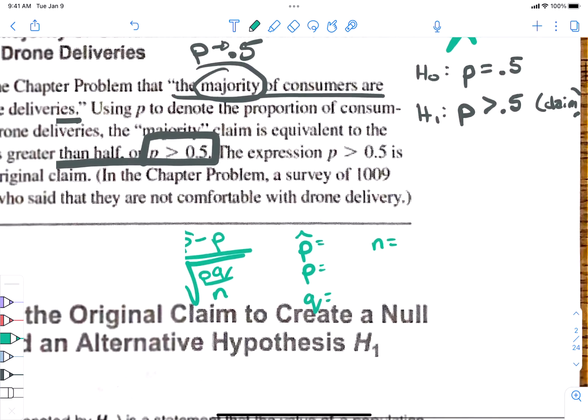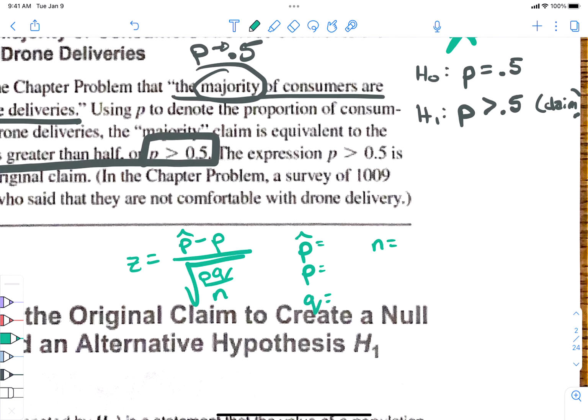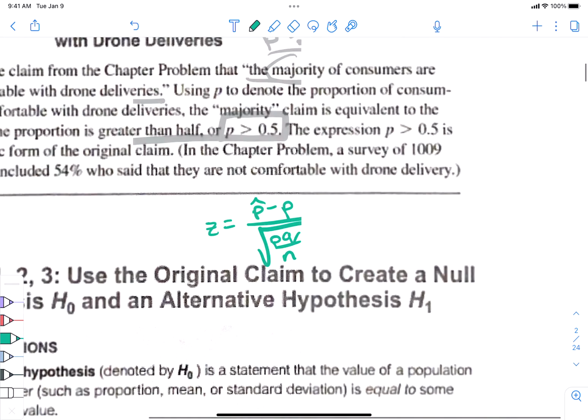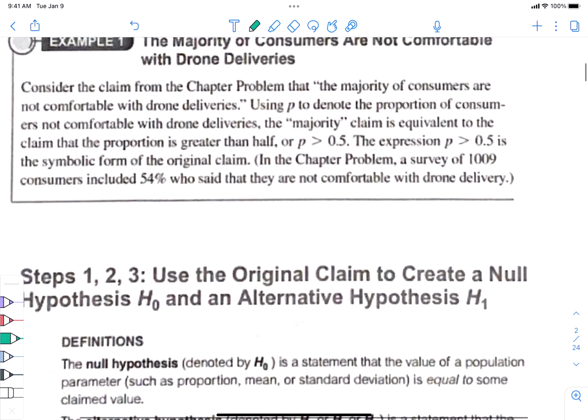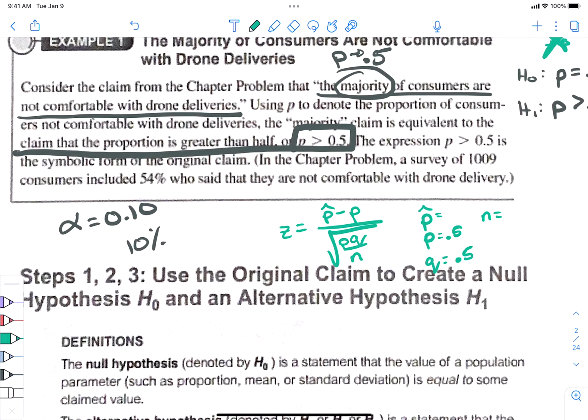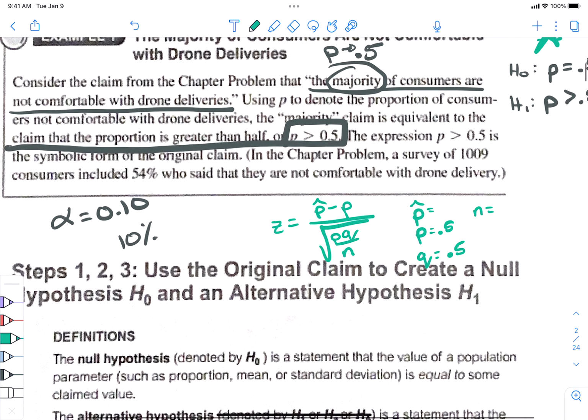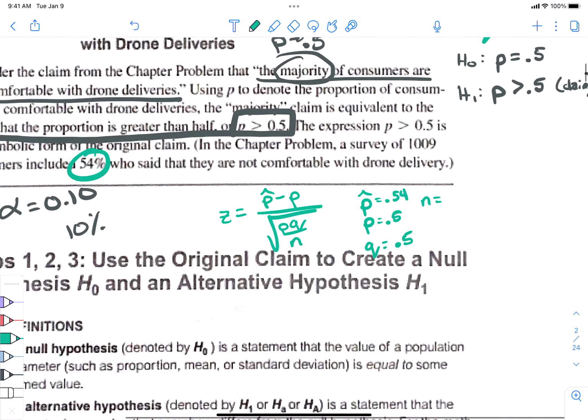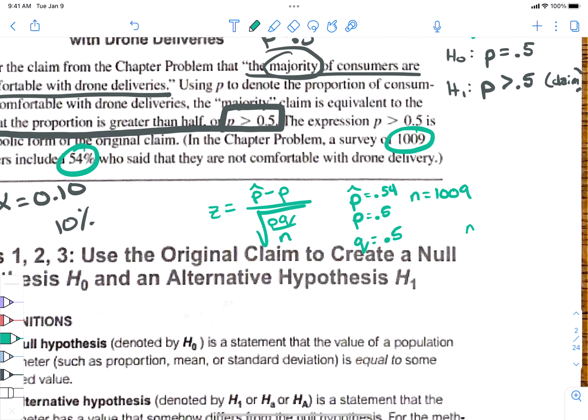That means Q is 0.5. Do you know what P hat is? What number are we comparing to? 54%, 0.54. And what's N? 1,009. So we plug all those in.